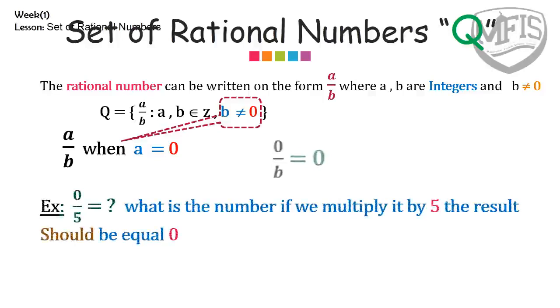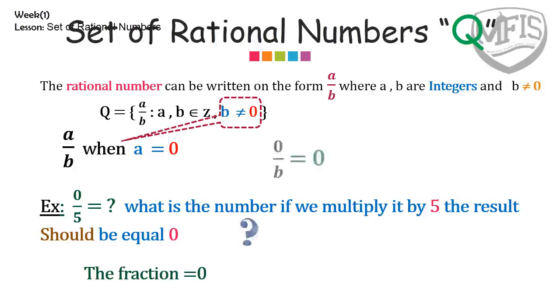So in this example, 0 over 5 equals which number? Which number can I multiply by 5 to give me the result 0? In this case, that number will be 0.